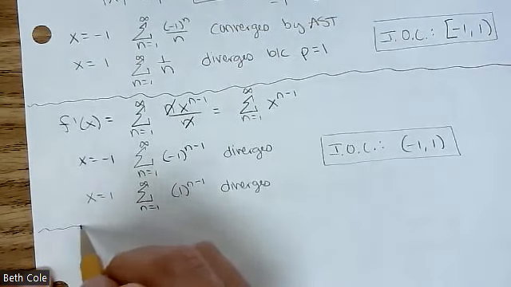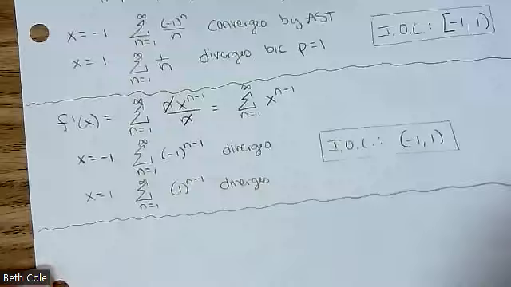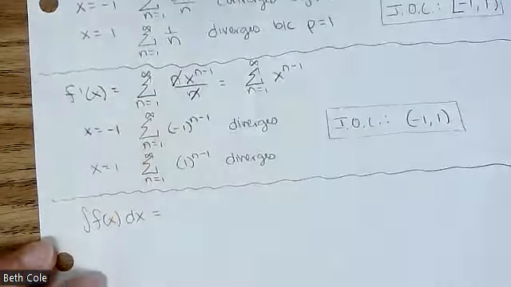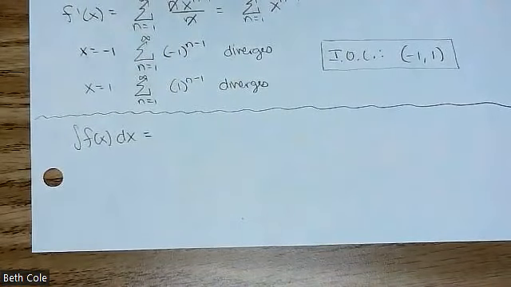And then lastly, we're going to do the antiderivative. I'm going to write the original series on the board just so you can see it, so I don't have to keep moving the paper back and forth.